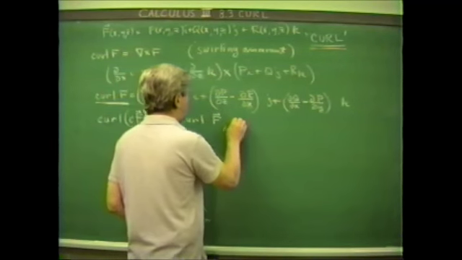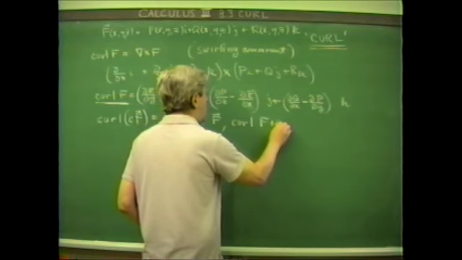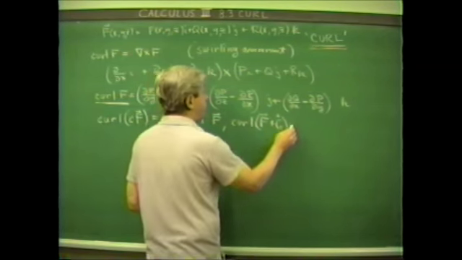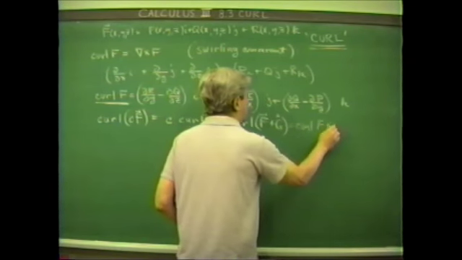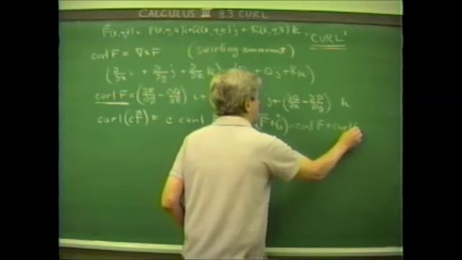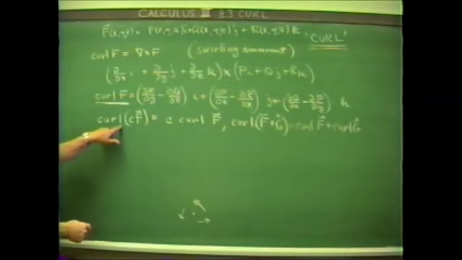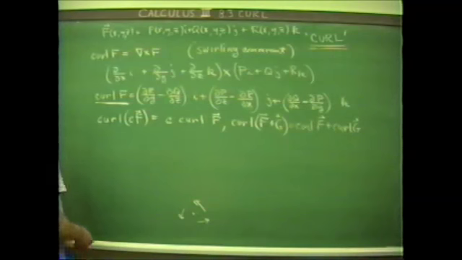The curl of f plus g, two vector value functions, you can add them at each point, is going to be the curl of f plus the curl of g. These two facts are easy to check here just by doing the computations.